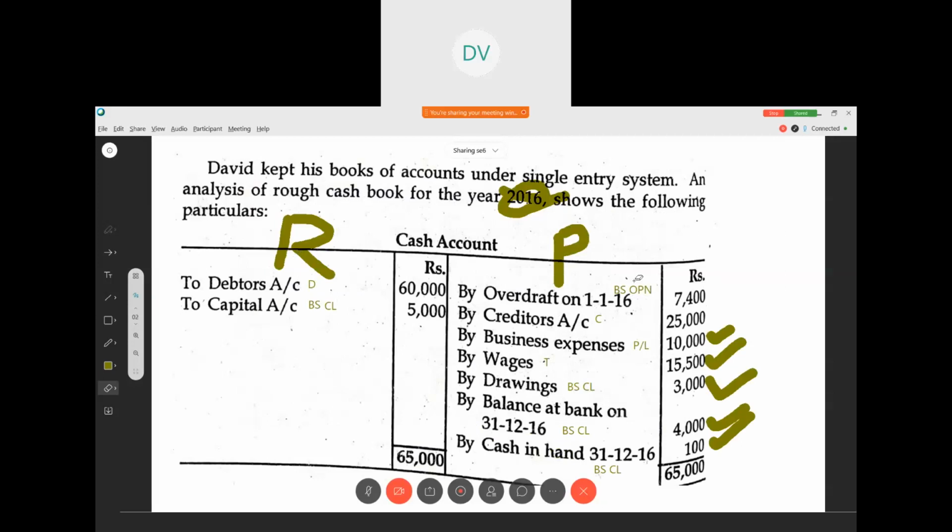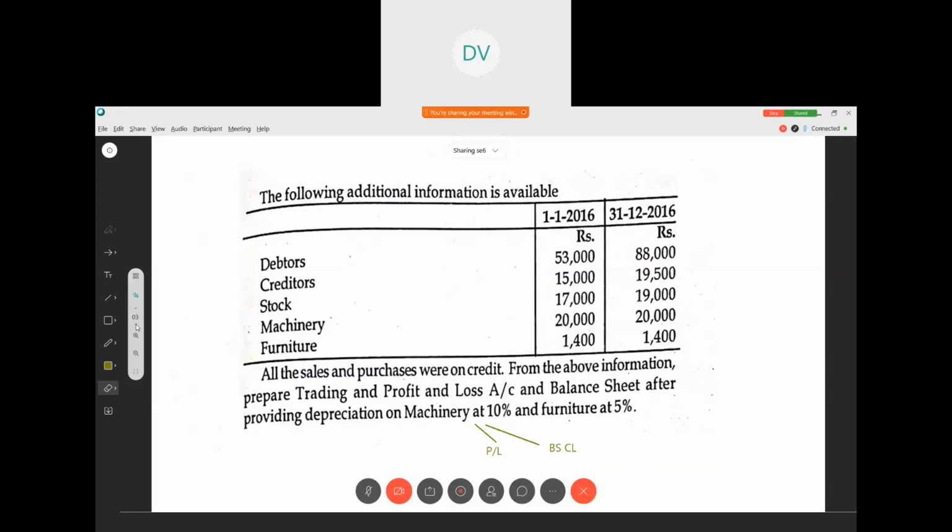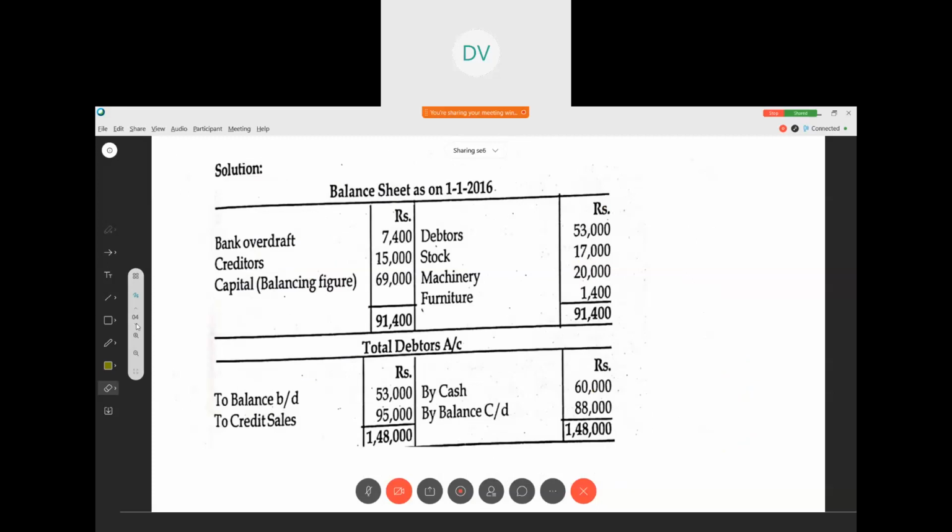See the date 1 1. So we have to write this 7,400. Then remaining everything we have to write from this additional information they have given. This 1 1 2016, all the balances we have to write in the opening balance sheet. See, bank overdraft, creditors, debtors, stock, machinery, furniture. So the balancing figure will be your capital. Is it clear?